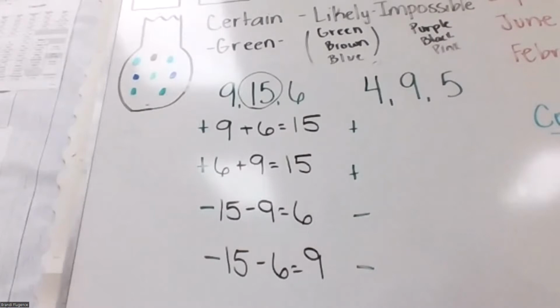Okay, so I do the stack. 4 plus 5 equals 9, and 5 plus 4 equals 9. Okay, now I gotta use one of these.